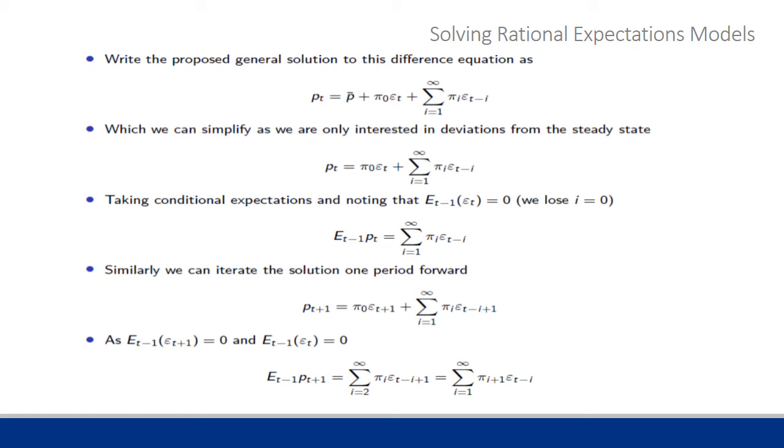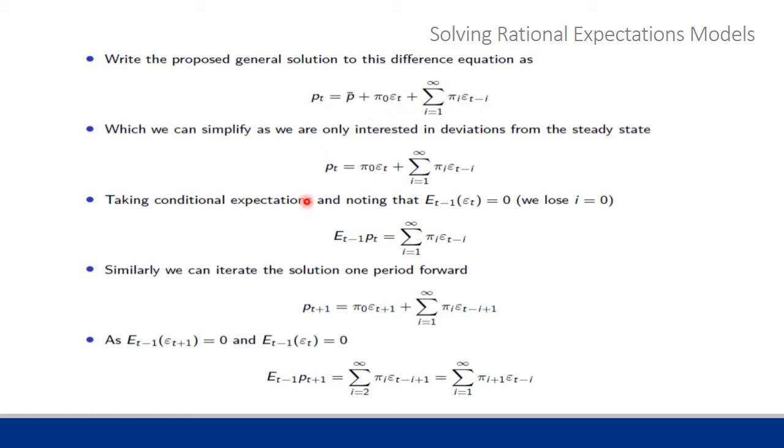We start with the proposed solution. p_t is equal to p bar, the equilibrium price, plus pi 0 epsilon_t, and the stream of coefficients pi i, which are attached to the shocks in the past, epsilon_t minus i. As i goes forward, the shocks go further in the past.